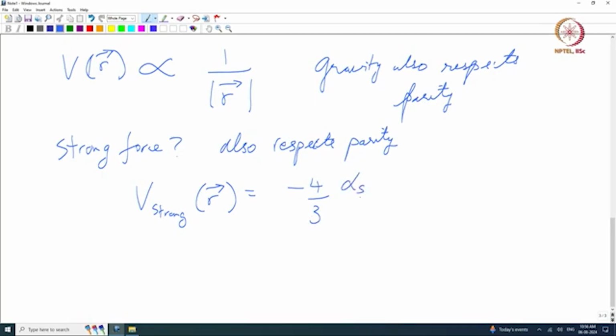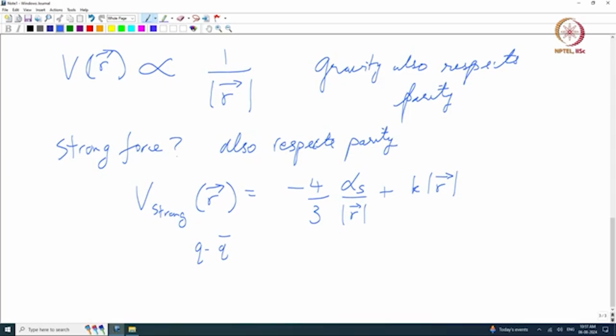Okay, you can always write down a potential for any interaction at some distance scale. So the quark anti-quark potential is seen to look like this.